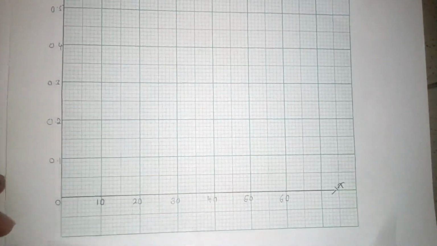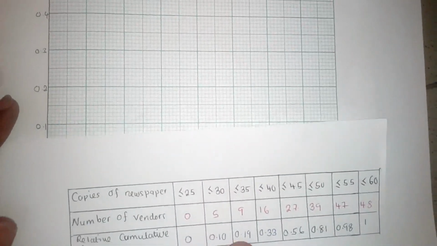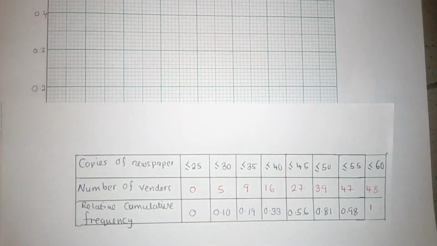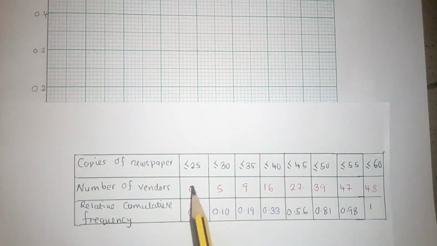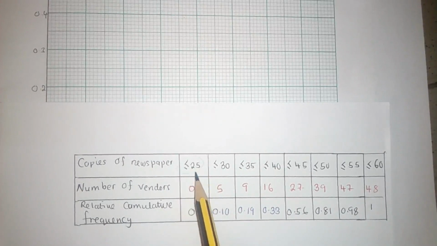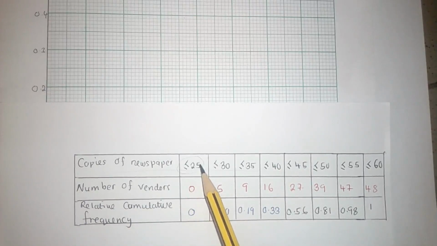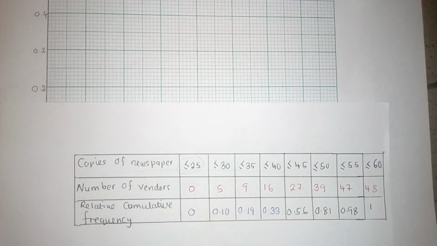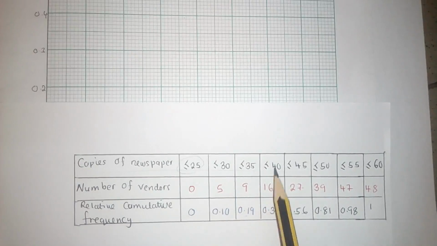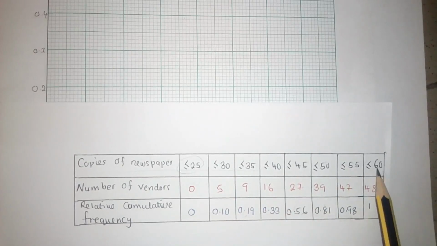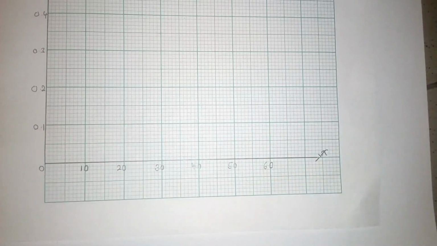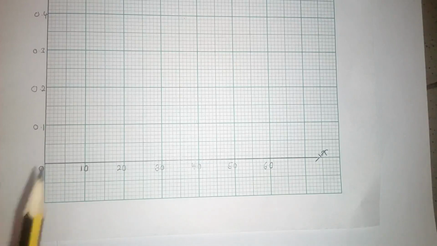For the coordinates, since it's a relative cumulative frequency, under the x-axis we'll be getting the copies like this, and under the y-axis we'll be getting the relative cumulative frequency. The first is 25, 0. The other one 30, and so on, up to the last one, which is 60, 1. Before we can do anything, we need to understand what each line means.